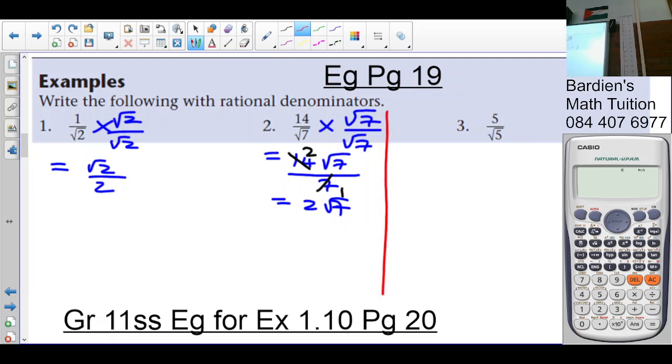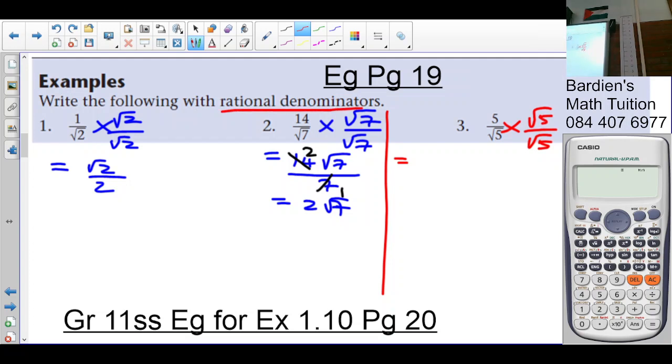Number 3. You got 5 over square root of 5. What must that be multiplied by? Square root of 5 over the square root of 5. You all agree with that? Why are we doing this? To rationalize the denominator.